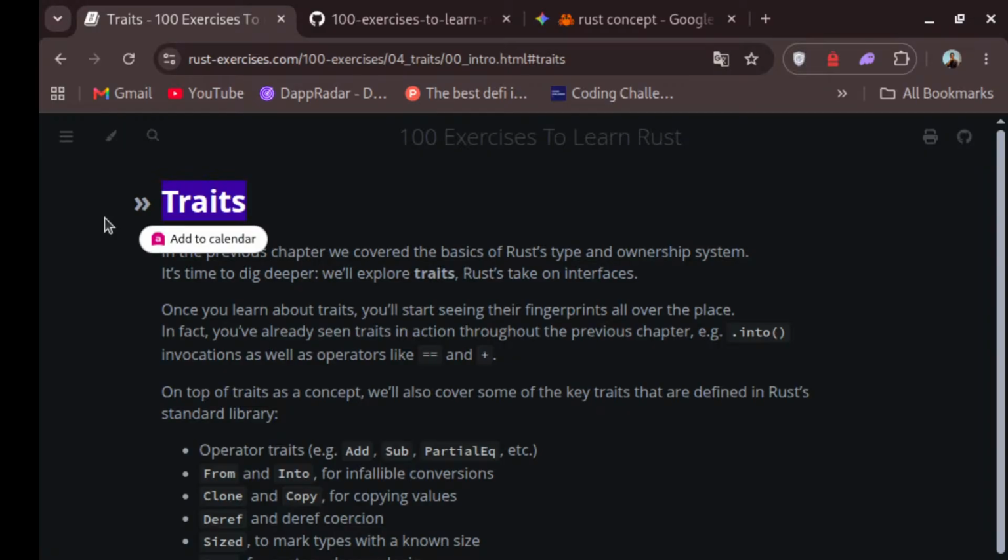What is a trait? As a beginner, I have to ask myself, what is a trait? A trait is a behavior. They are saying that this covers basic Rust, types, and the ownership system.